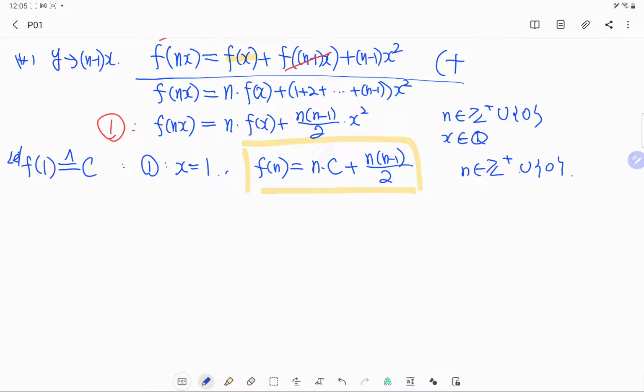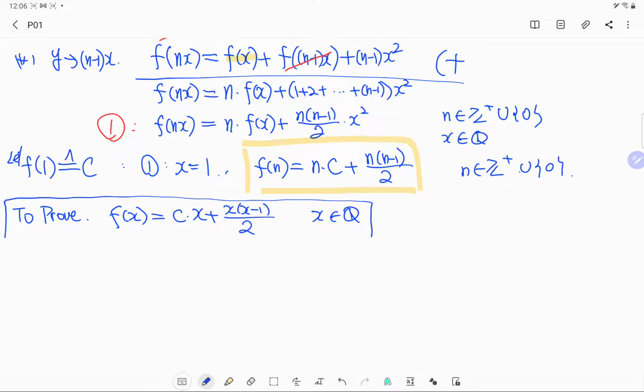So our target is to prove f of x is c times x plus x times x minus 1 all over 2, for x any rational number. So this is the one we try to prove.